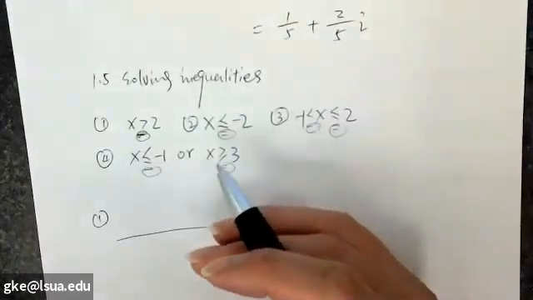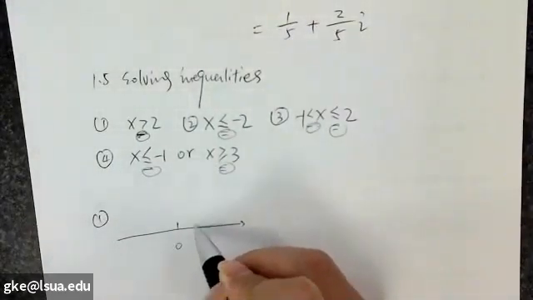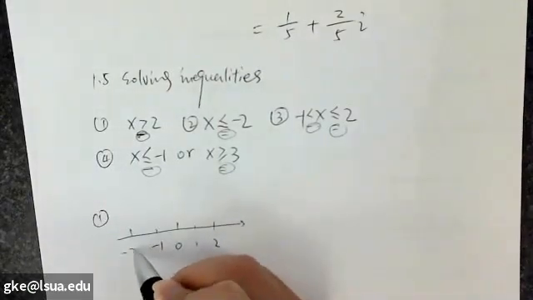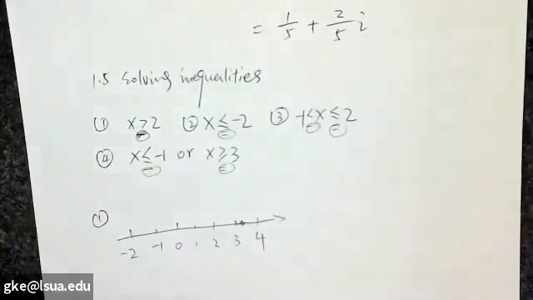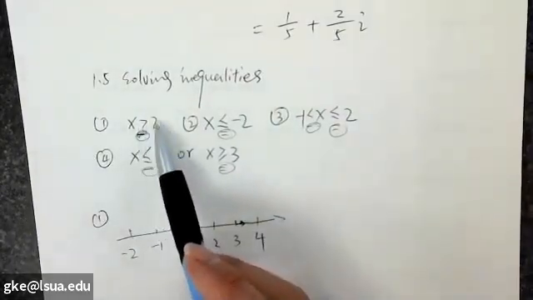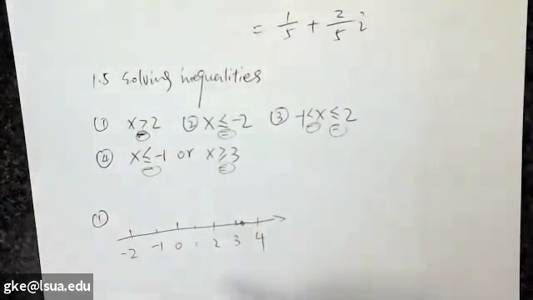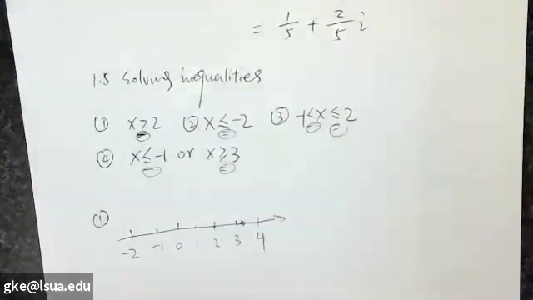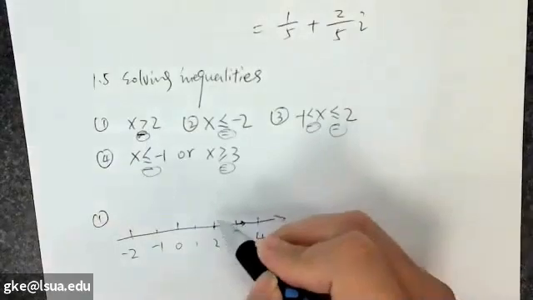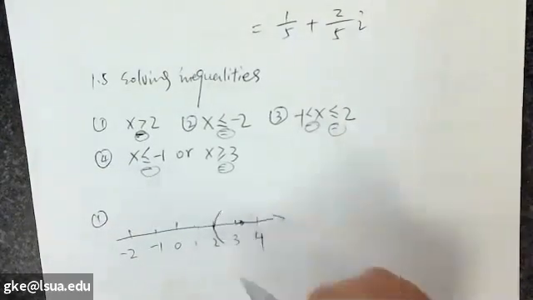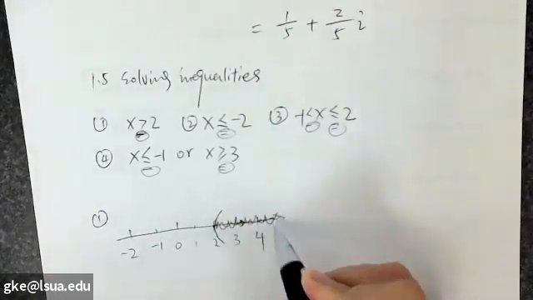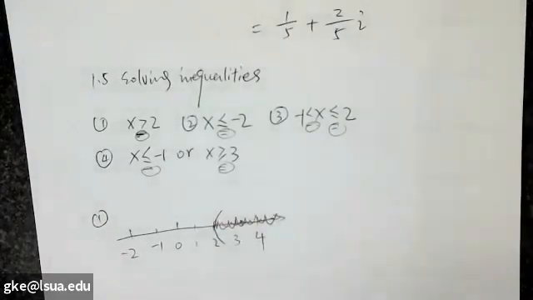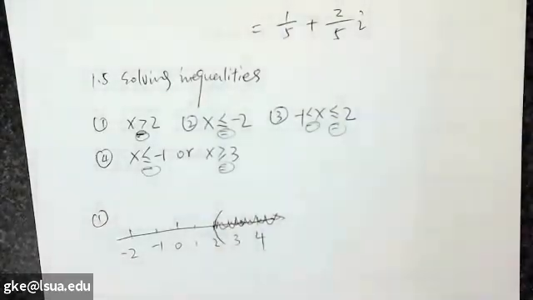So we draw the x-axis. We have 0, 1, 2, -1, -2. Now, x greater than 2. So we need to find the 2 first here, and then it's greater, so we use this zigzag to express the range.